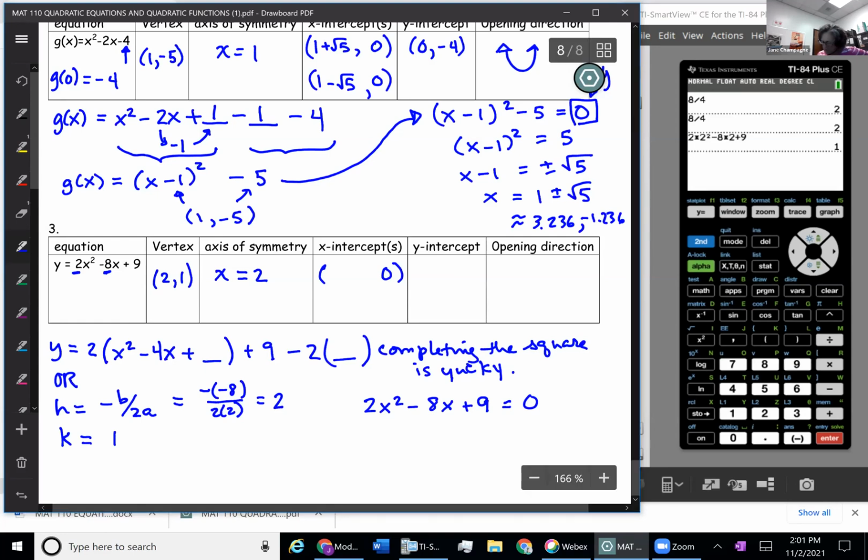So let's use the quadratic formula. Negative b would be +8 plus or minus the square root of b squared, which is 64, minus 4 times a times c, all over 2a.